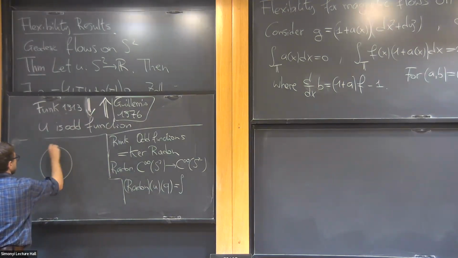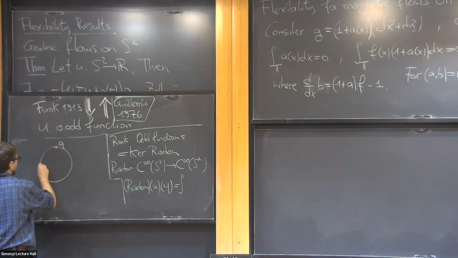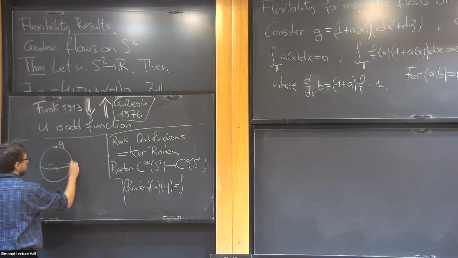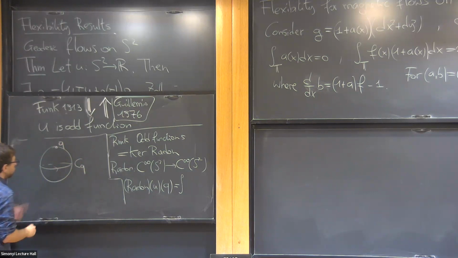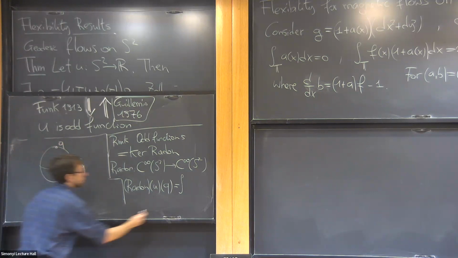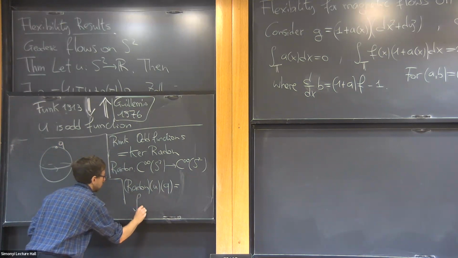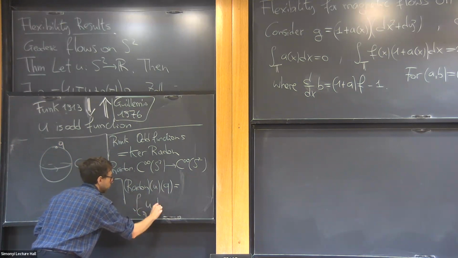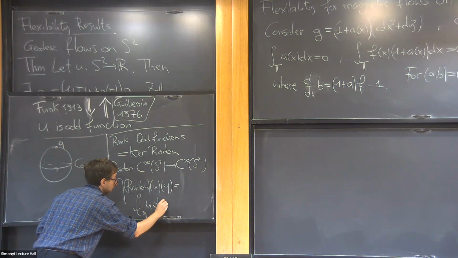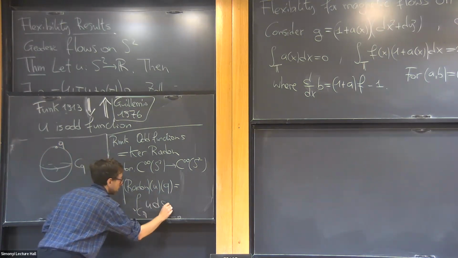So this is your point Q. Then you always have a great circle lying at the equator of Q. You just integrate the function u over this. So it's equal to the integral over C_Q of u with respect to the length element of the great circle.